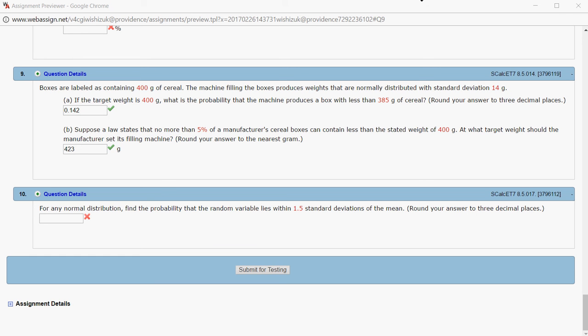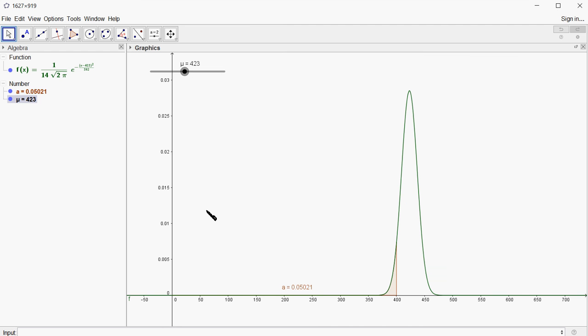GeoGebra might be a little bit easier because of this slider function. You can change the mu value and make sure that the probability of less than 400 is about 5%. So 423 was the answer. Alright, that's it. I hope that this was clear.